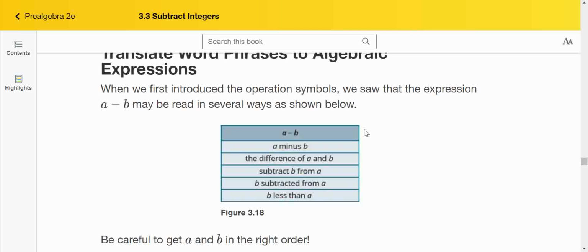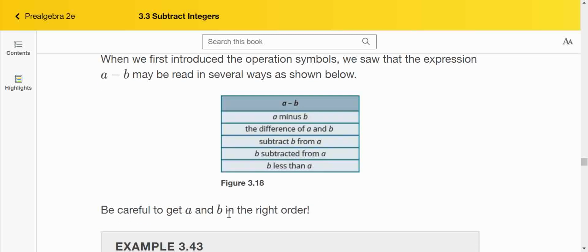A minus b. The difference of a and b, subtract b from a, b subtracted from a, b less than a. Be careful to get a and b in the right order. That's figure 3.18.